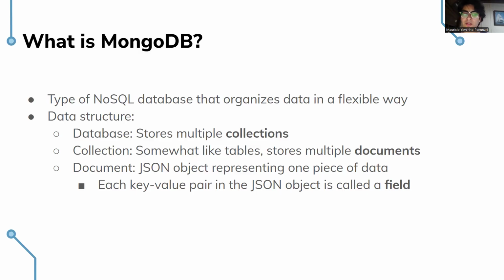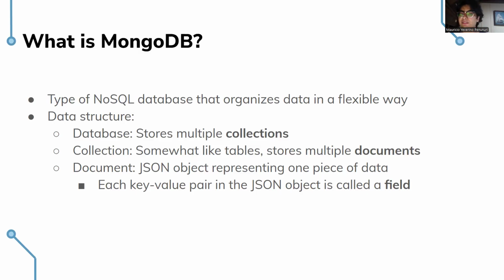In the MongoDB model, you have a database, and within the database you can store multiple collections. A collection is somewhat like a table, and within it you can store multiple documents. A document is simply a JSON object representing one piece of data.